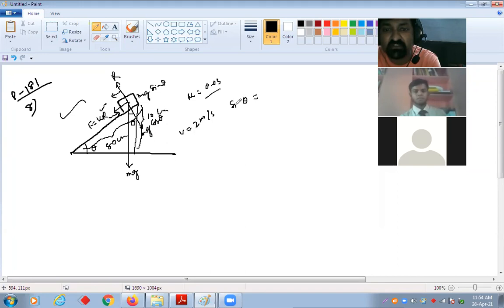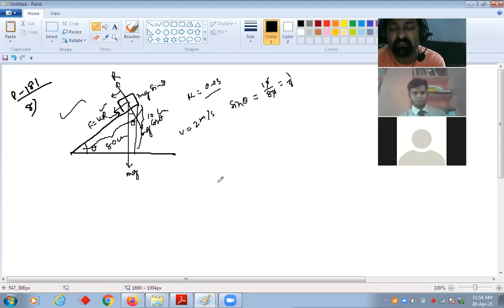Perpendicular is 10 and hypotenuse is given 80. That means 1 by 8. So sin theta value is 1 by 8. So theta will be sin inverse 1 by 8.